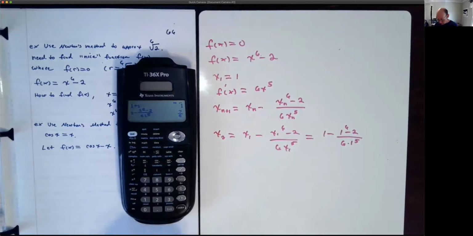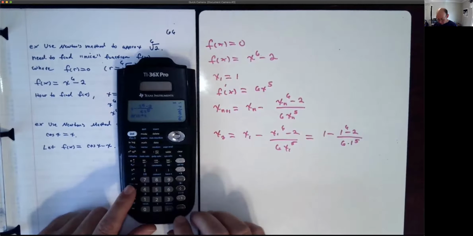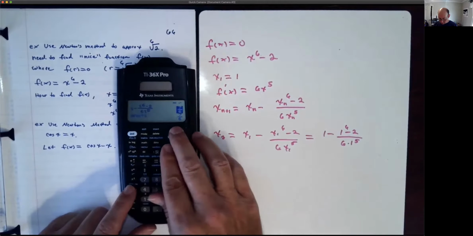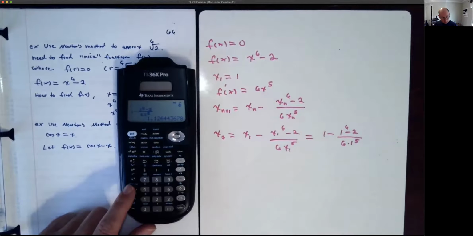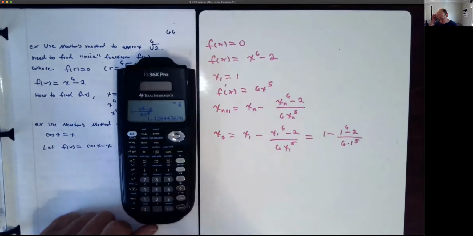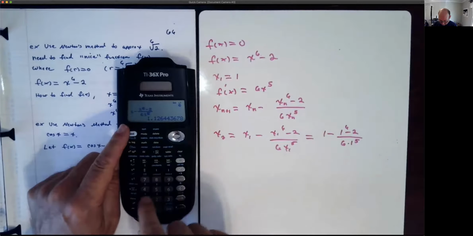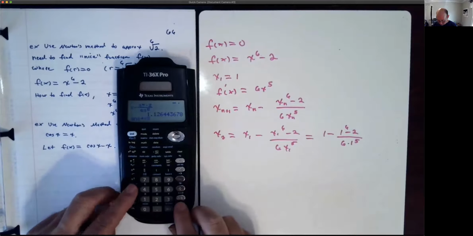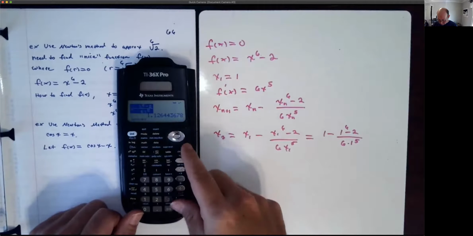All right, I got 1.1666. So let's store that as x and do Newton's formula again. 1.12644. Let's try it again. Store it as x. Go back to Newton's formula.